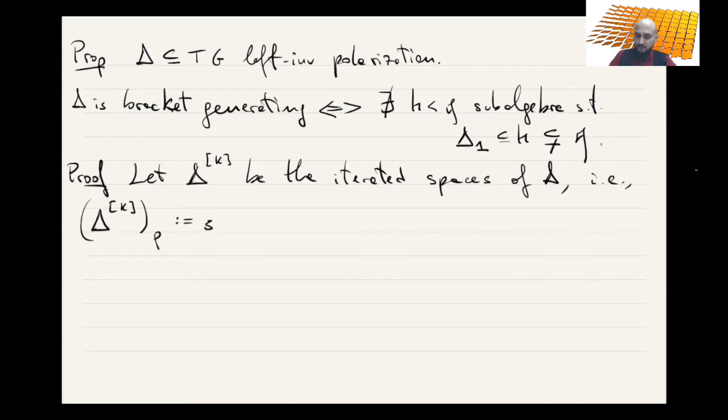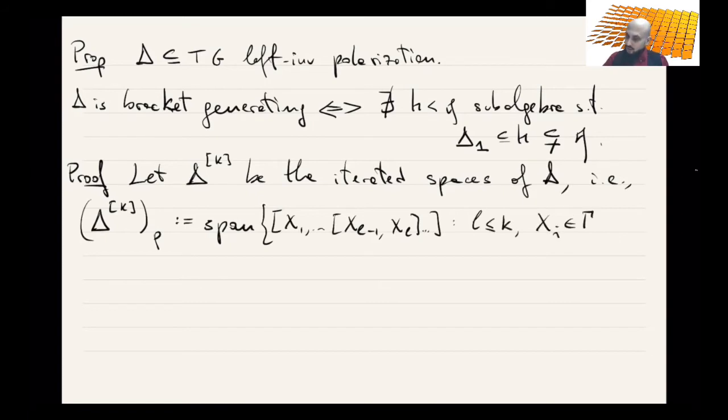This by definition is the span of all possible brackets of vector fields [X1,[X2,...[X_{l-1},X_l]]] where l is an integer less than or equal to k, and the X_i are sections of Δ, in other words, vectors tangent to Δ.